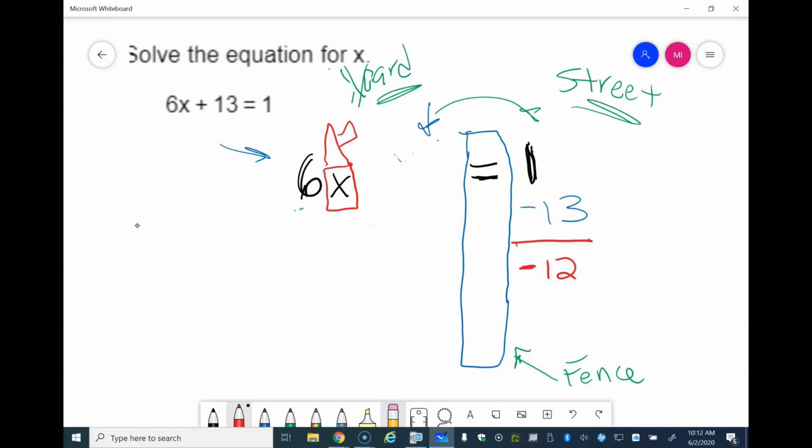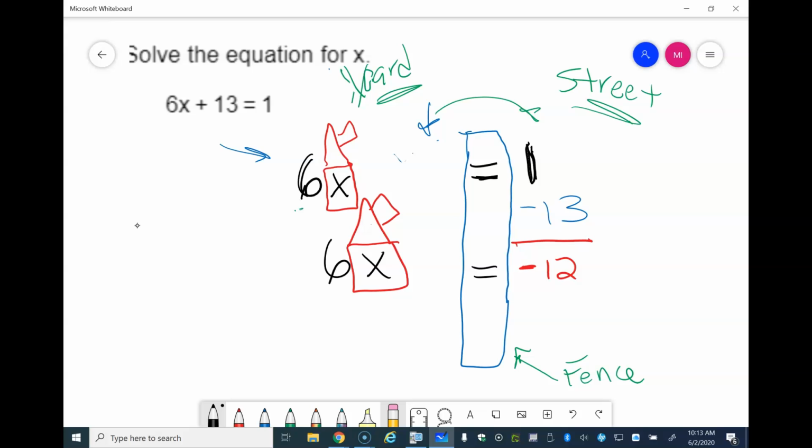So we're going ahead and dropping this because I haven't used this yet. And this gives us our equation now. We have 6x equals negative 12.